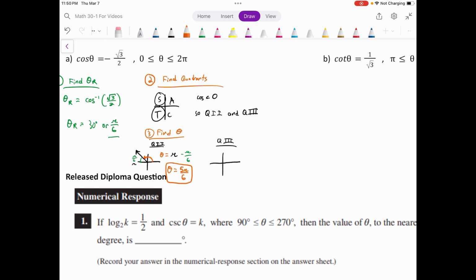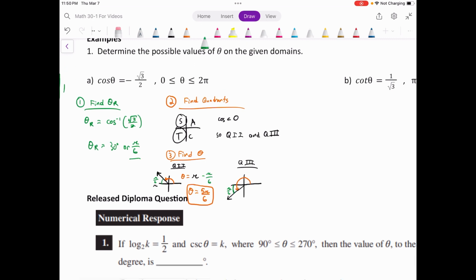Let's think about it. We're going to go past pi into quadrant 3 now. And again, we know it has to have a reference angle of pi over 6. We're looking for the angle in quadrant 3 that has a reference angle of pi over 6, because that's the other place where this could happen.